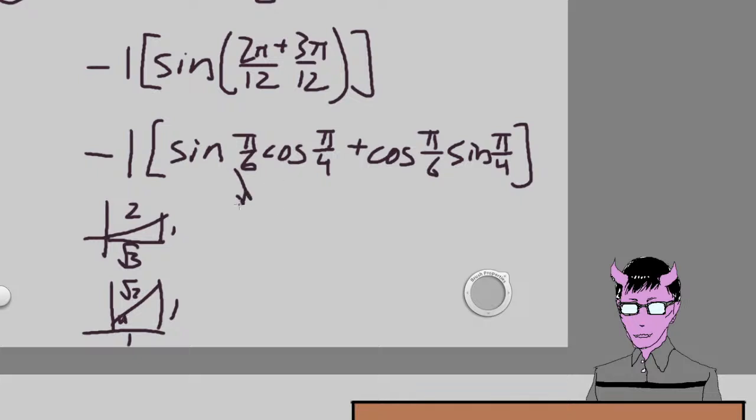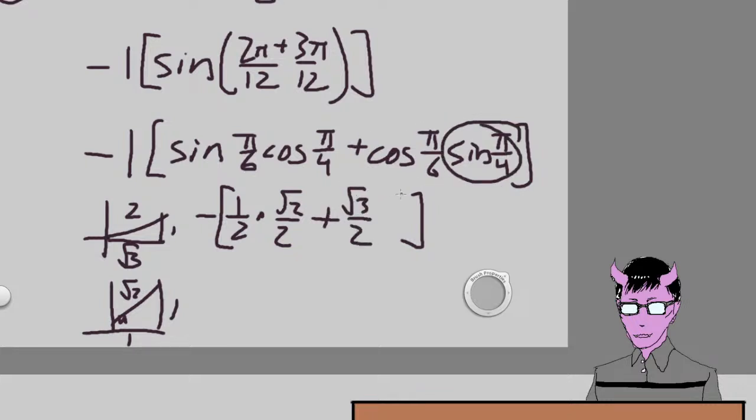Alright, so that one we're going to get 1/2 times root 2 over 2. Now I'm going to put the copy paste of the negative 1 in the front before I forget. Yeah, root 2 times root 3 over 2. This one is going to be root 2 over 2. Okay, yeah, now it makes sense. Now it makes sense. This is going to be root 6 plus that one.